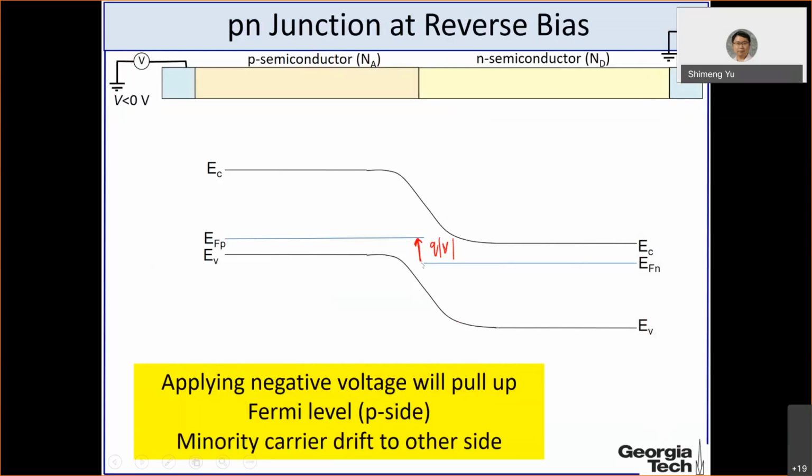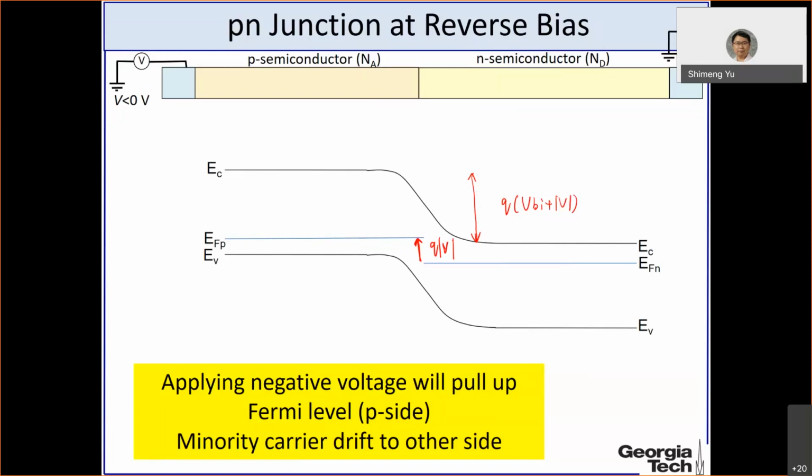You have the increase of the Fermi level and also the EC and EV. As a result, this barrier height will increase. Any questions? So it's just opposite to the forward bias. You increase the barrier height with a negative voltage to the P side.